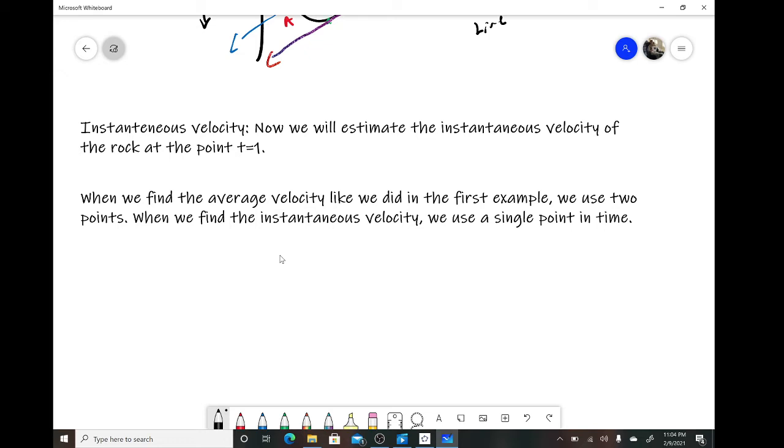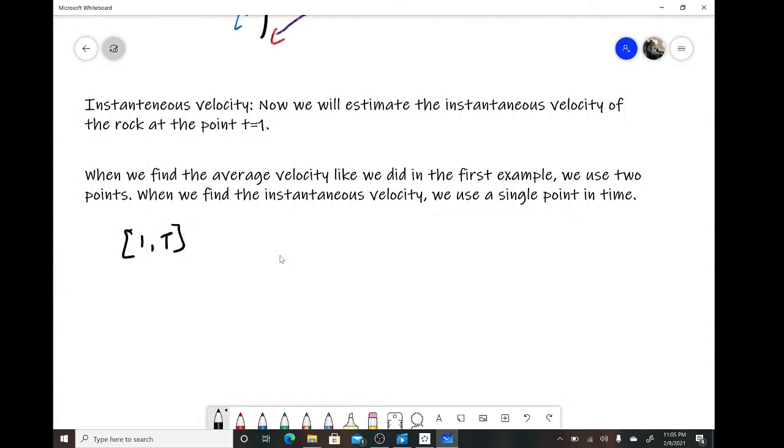So let's talk a little bit about this. Remember that when we compute the average velocity over the interval 1 and t, we have to use the following formula. I'm going to keep using m for slope, because essentially what we're doing is finding a slope.